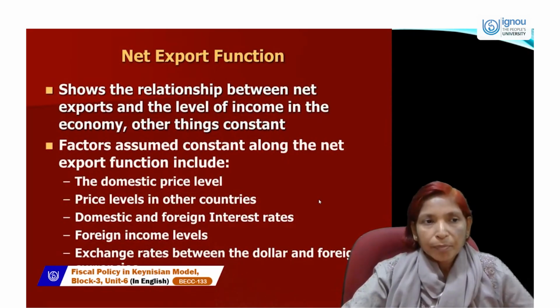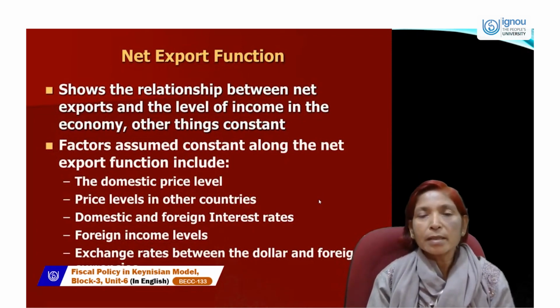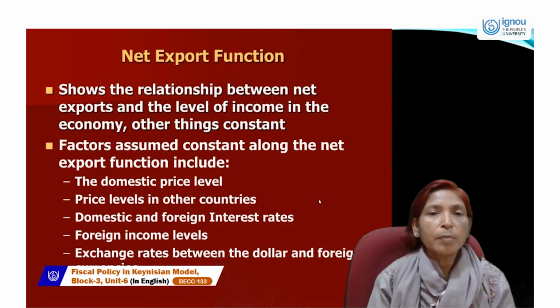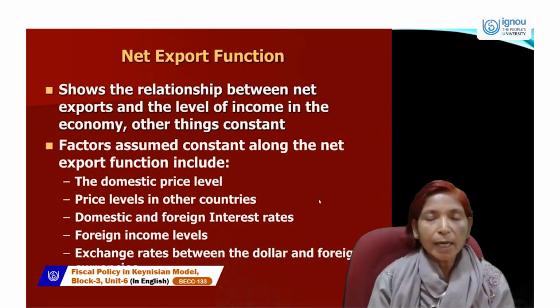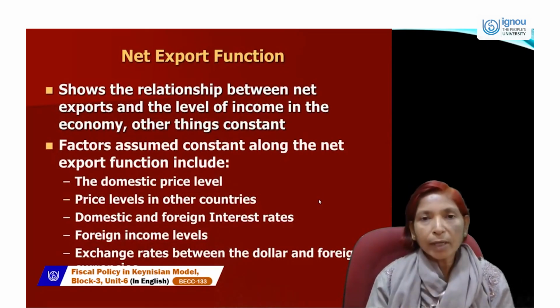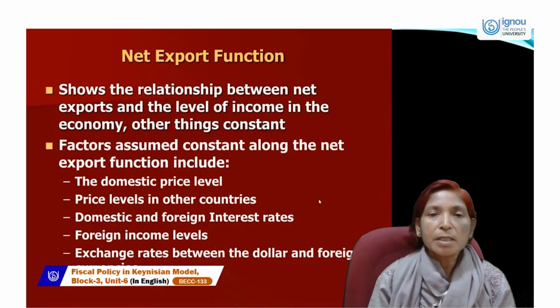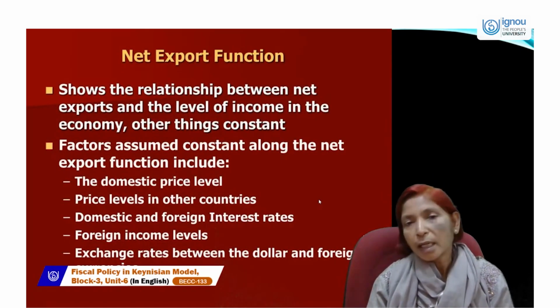So when exports remain the same and imports increase due to an increase in GDP or income, then if we take the difference between exports and imports, in the beginning net exports are positive and falling, then net exports will be zero, and at last net exports will be negative.